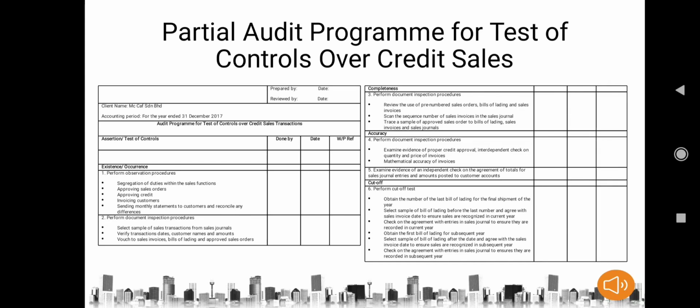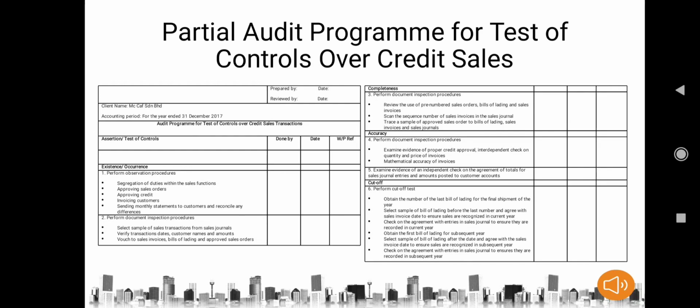After that, we can start to provide the details of the test of controls. There are four main key points that we have to remember in the test of control, which are existence, completeness, accuracy, and cut-off.